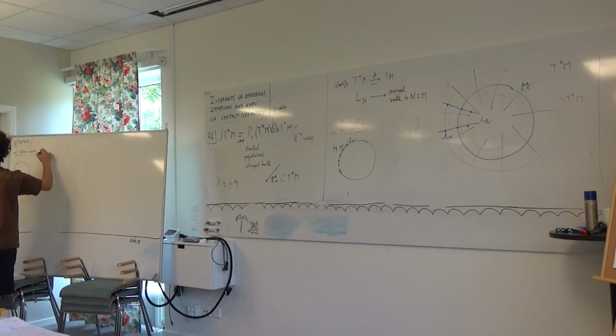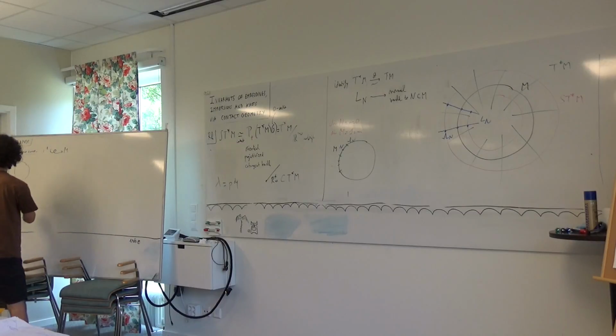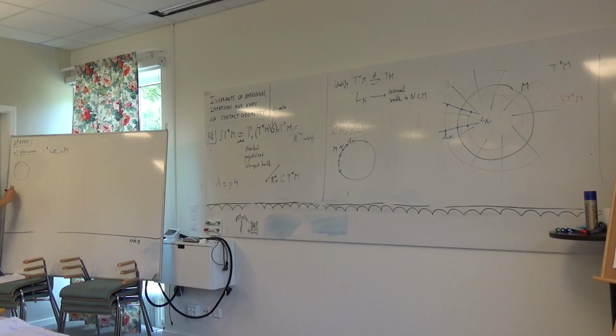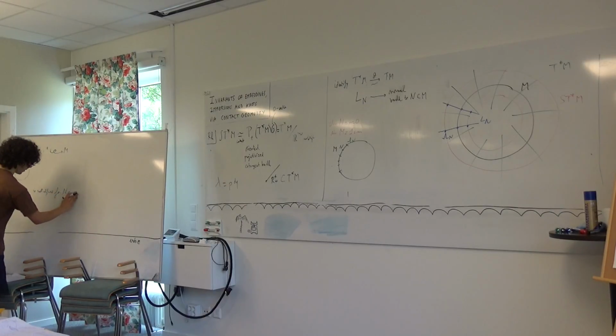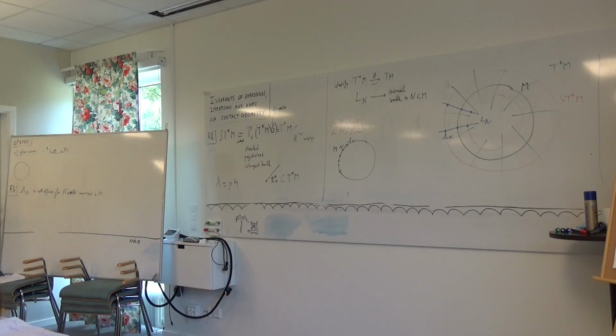So let's say, remark: lambda n is well defined for n only immersed in M. And the thing that can happen is that lambda n could have double points.